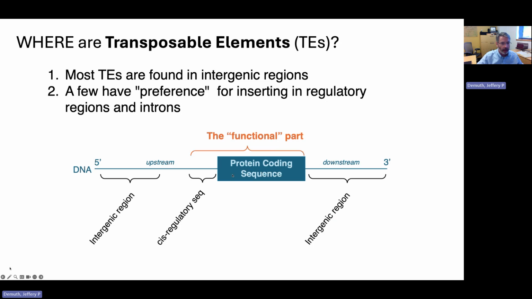And then in between that functional stuff, we've got these huge intergenic regions. Well, most TEs are found in those intergenic regions. There are a few subtypes of transposable elements that have, I put preference in quotes there, mechanisms of transposition that bias them to integrate into introns or regulatory elements.